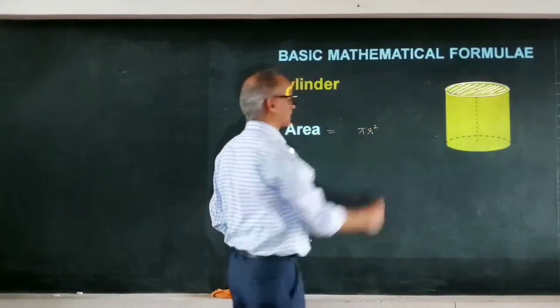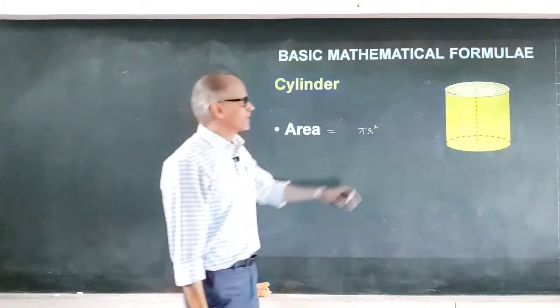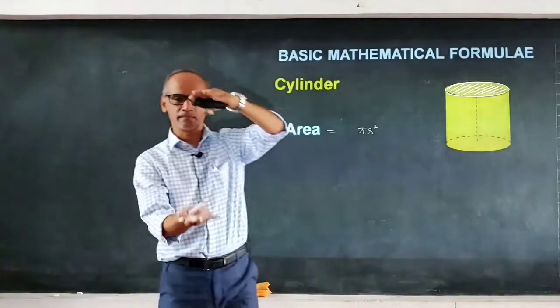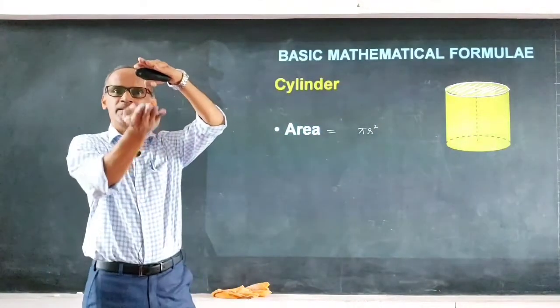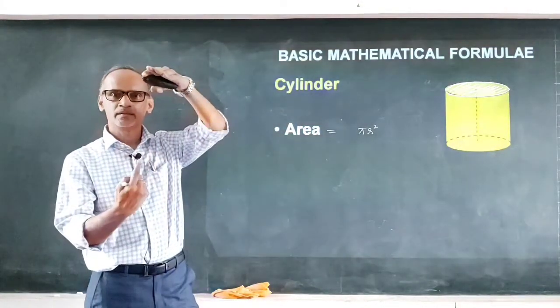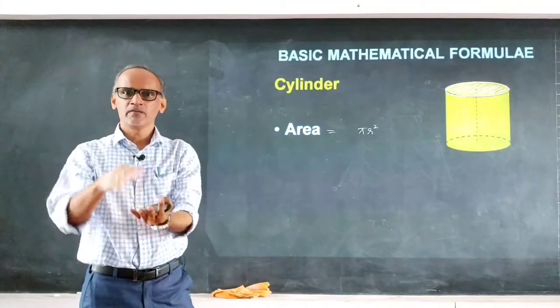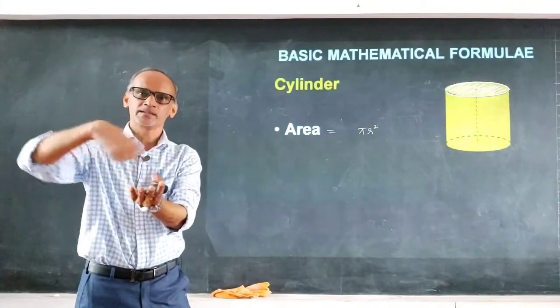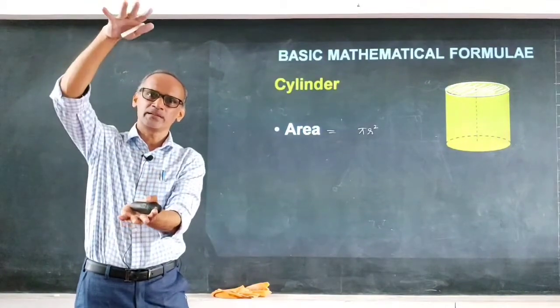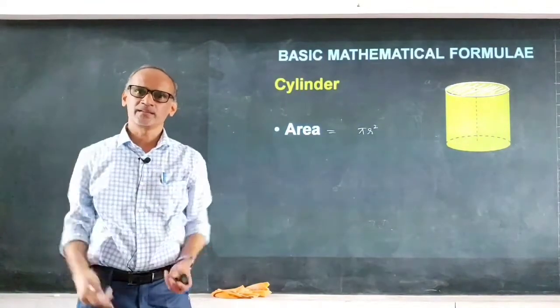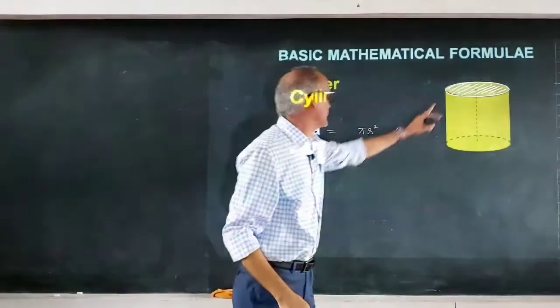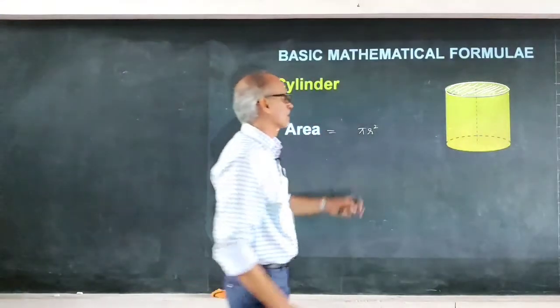It's pi r square. But a cylinder is like many circles placed one above the other, correct? You take one circle, place one more circle above it, place one more circle. It's like how we place circular plates one above the other. That will give you a cylindrical structure, isn't it? So, for one, it is pi r square.